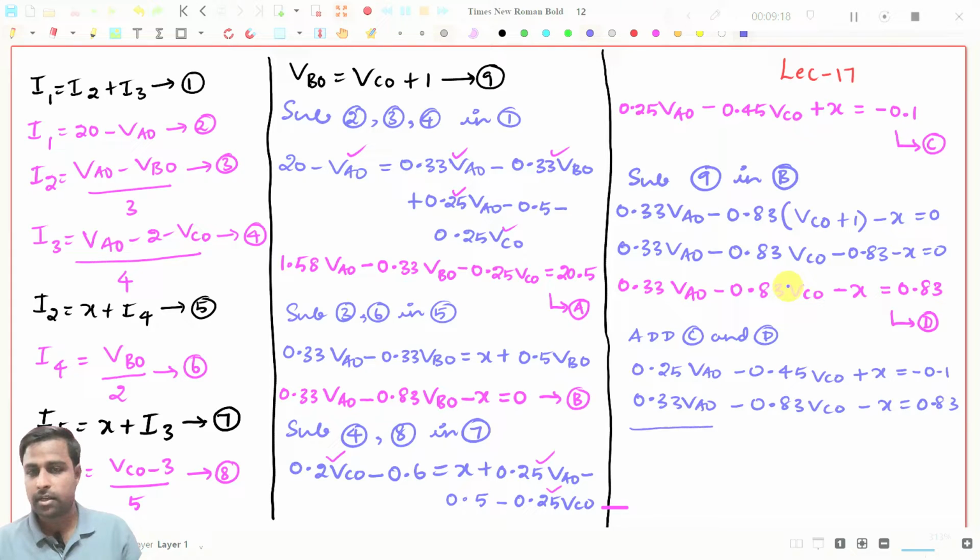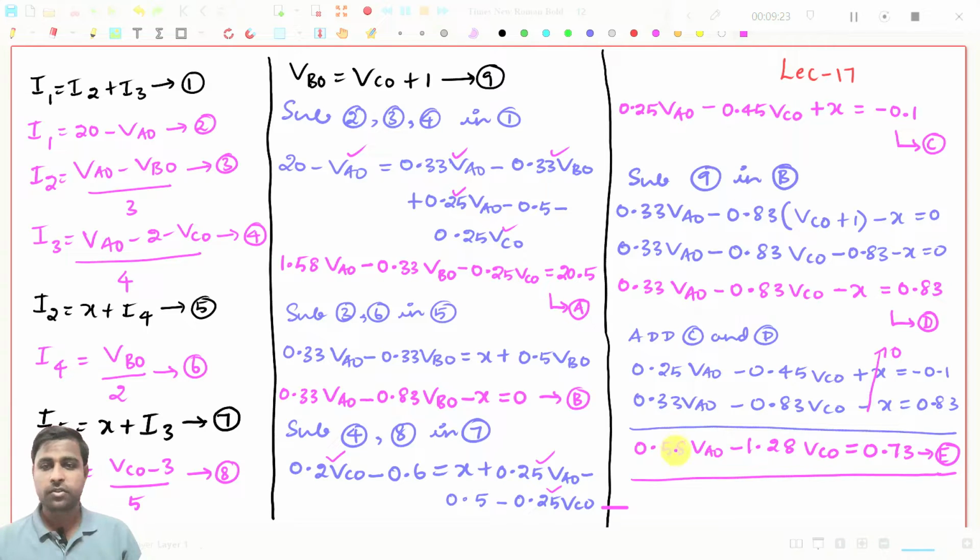Right? Now if you add these two expressions, I will get 0.58 VAO minus 1.28 VCO, which is equal to 0.73. See, if you add these two, you will get 0, because plus x minus x will give you 0, right? So if you add these two, you will get this expression.